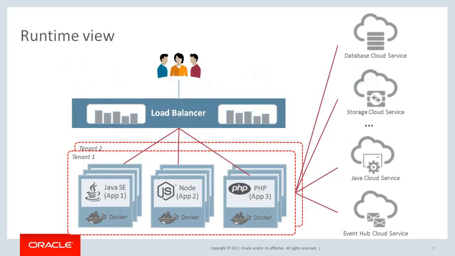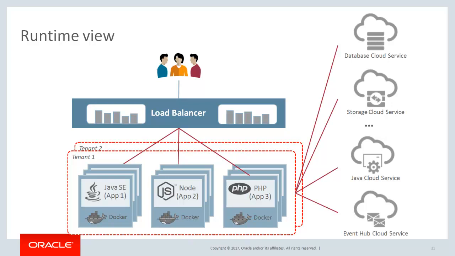Now, here's a runtime view of applications running within this platform. You have complete tenant isolation. And as I said, your applications actually run within Docker containers and you can scale out horizontally, right? But there is this load balancer to make things easier for you. You don't have to configure this load balancer as such.